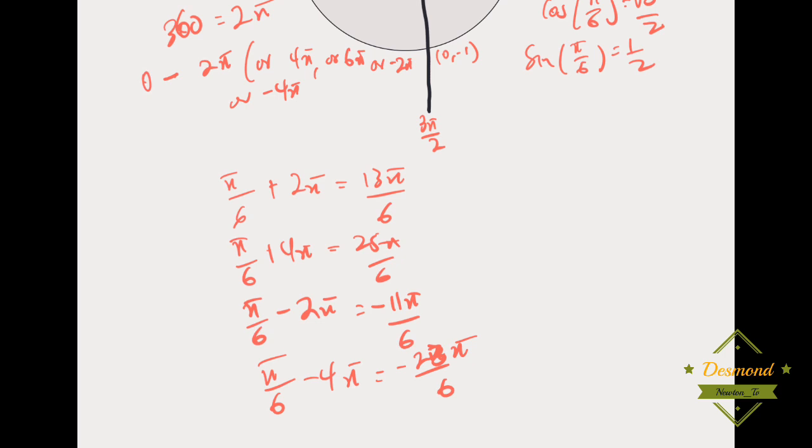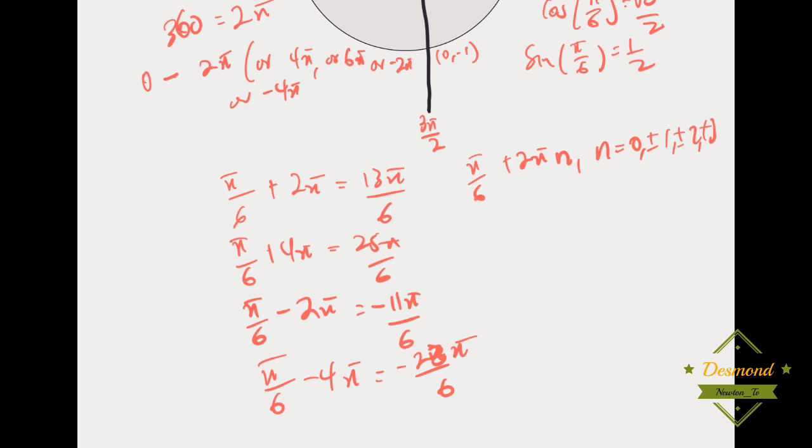So in fact, pi on 6 can be any of the following: pi on 6 plus 2 pi n, where n is equal to 0, plus or minus 1, plus or minus 2, plus or minus 3, and so on.